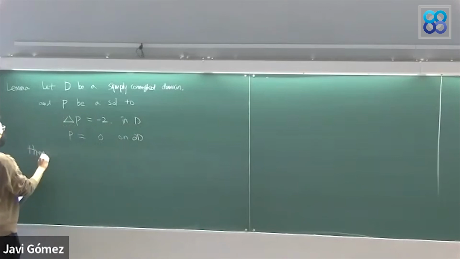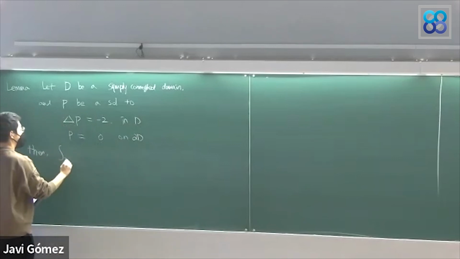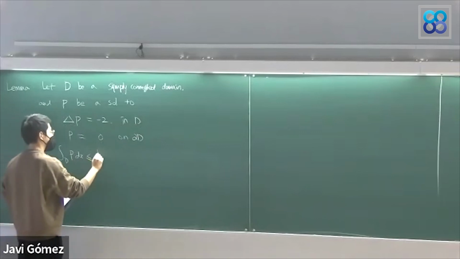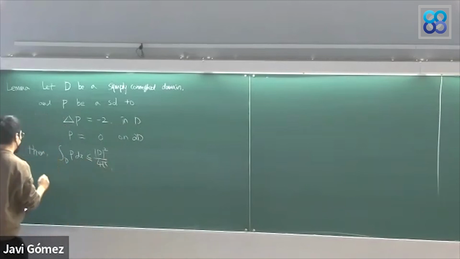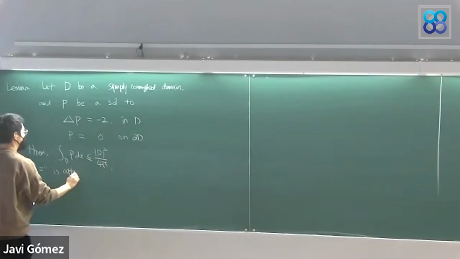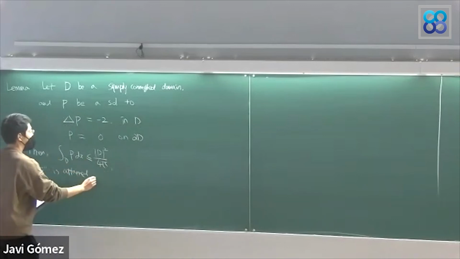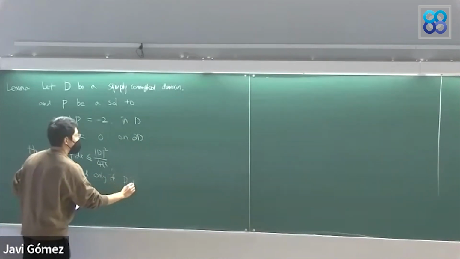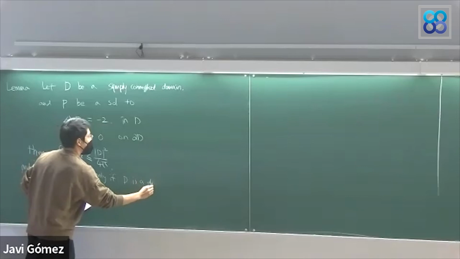Then we have to prove the integral of P is always less than or equal to the square root of 4 pi, and the equality is achieved with the disk.